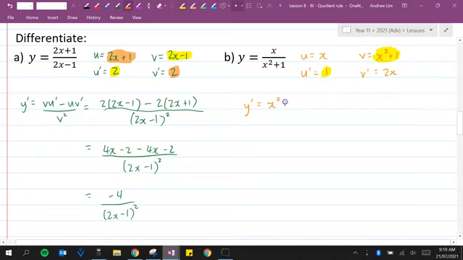And then a minus uv'. I'm going to times them together. That gives me 2x squared all over v squared. This gives me negative x squared plus 1 all over (x squared plus 1) squared.